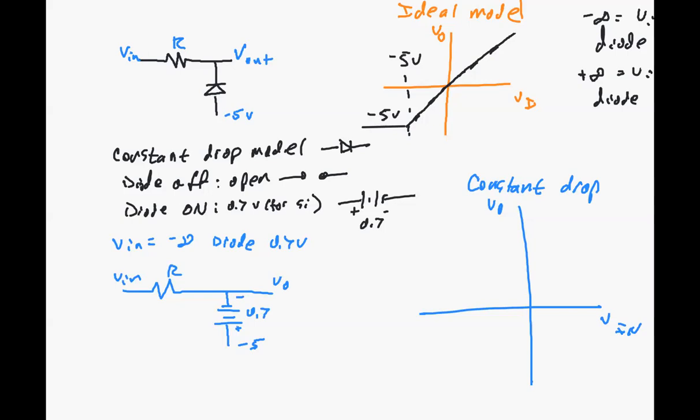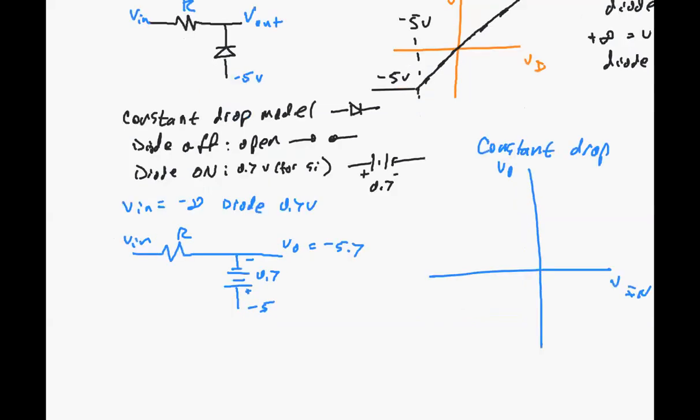Then V out is equal to minus 5.7, because we're dropping a further 0.7 volts through this battery here. So for minus infinity, we have minus 5.7 volts.